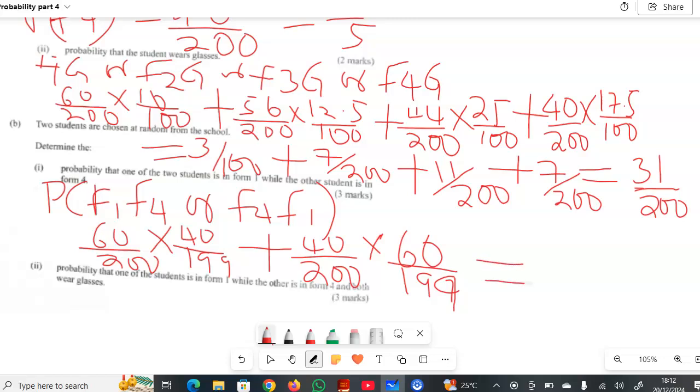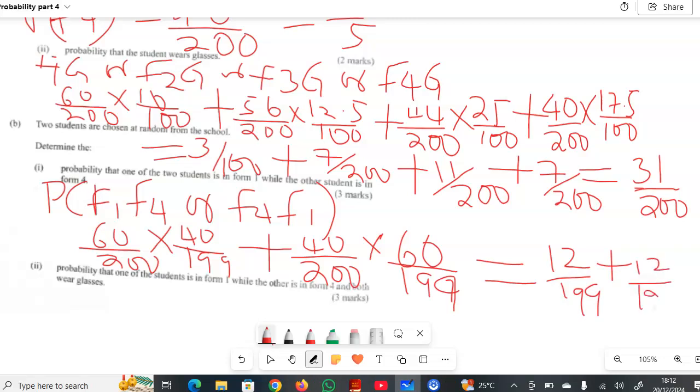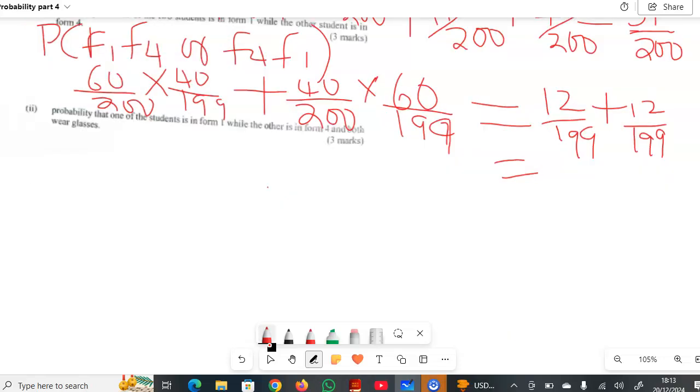So when we add these two, 12 over 199 plus 12 over 199 is going to give us 24 out of 199.